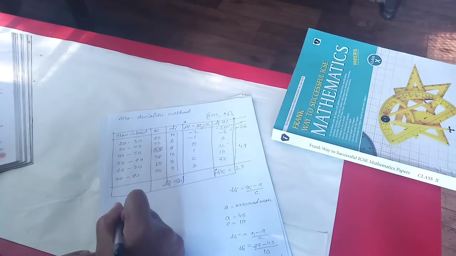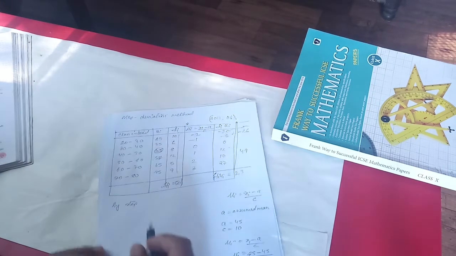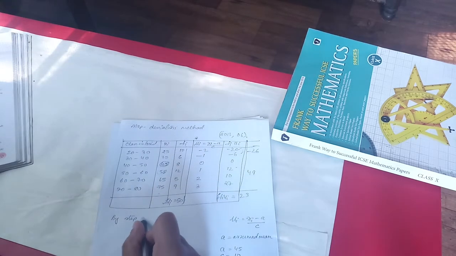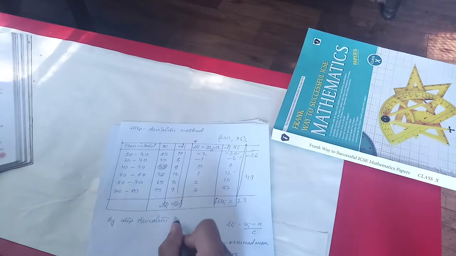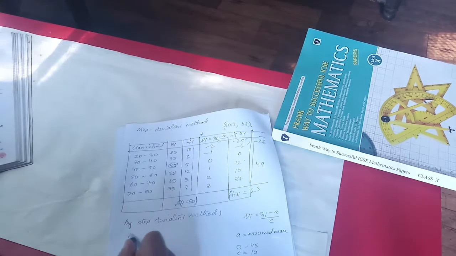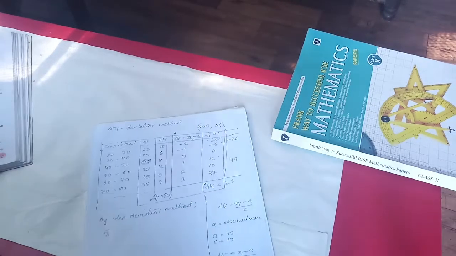Now what you do is, you have to use the formula by step deviation method. So let us write down the formula. What is the formula by the step deviation method?